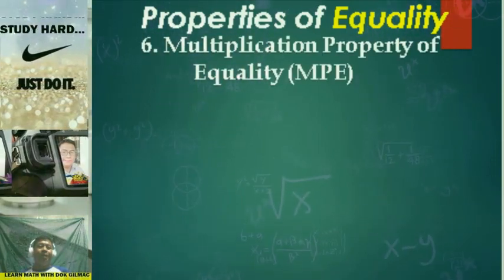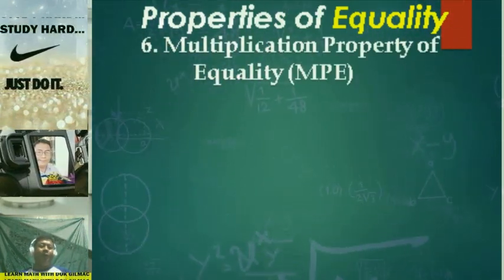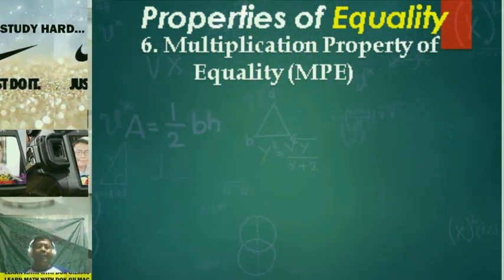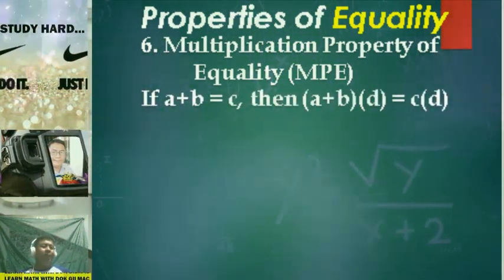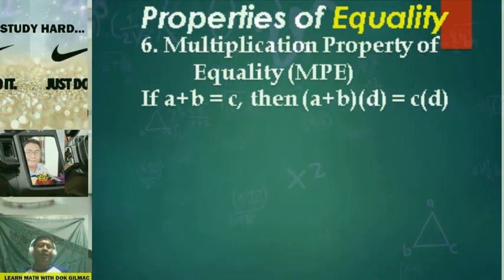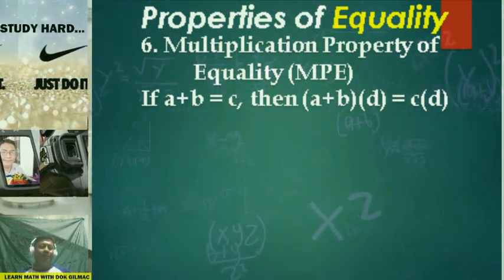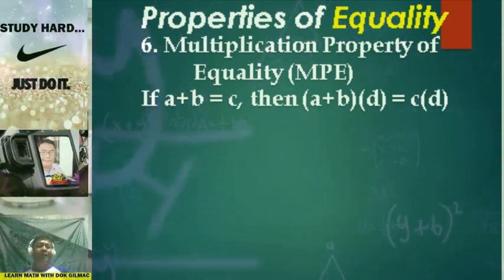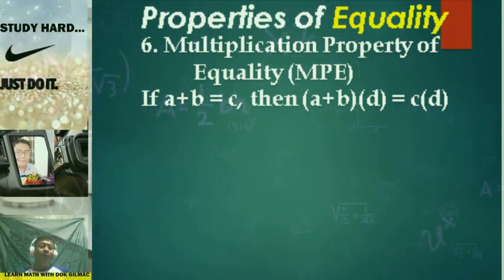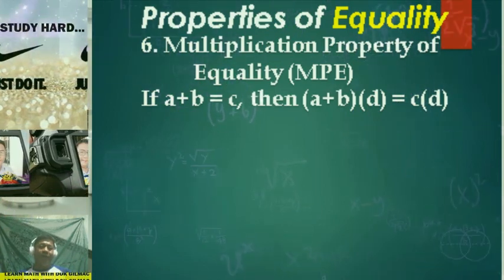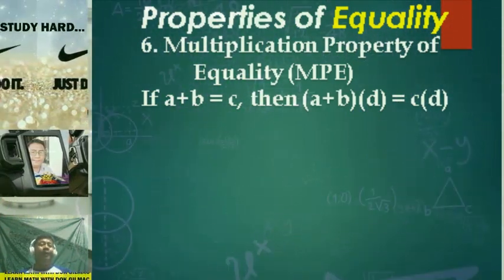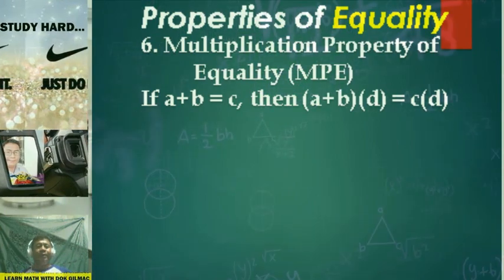Number 6, multiplication property of equality, or what we call the MPE. If A plus B is equal to C, then quantity A plus B times D is equal to C times D. If you multiply a certain number on the left side of the equation, then you also multiply it on the right side of the equation.